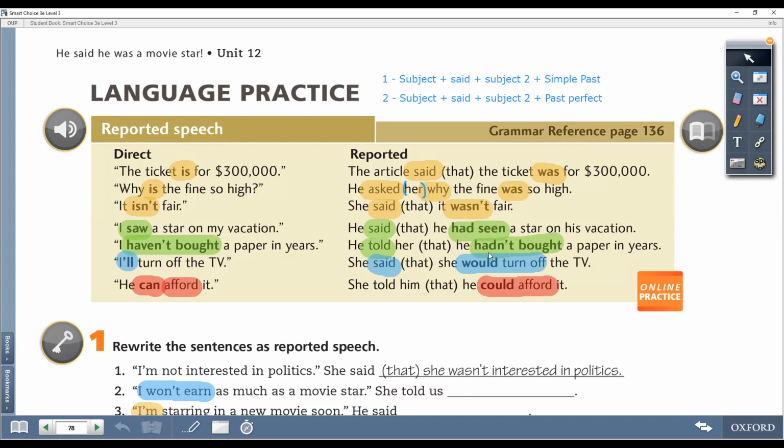Simple future became would. Will became would. Okay? All right. So here, let's see the third example. Let's put here number 3. So when the sentence is in the future, what do we do?